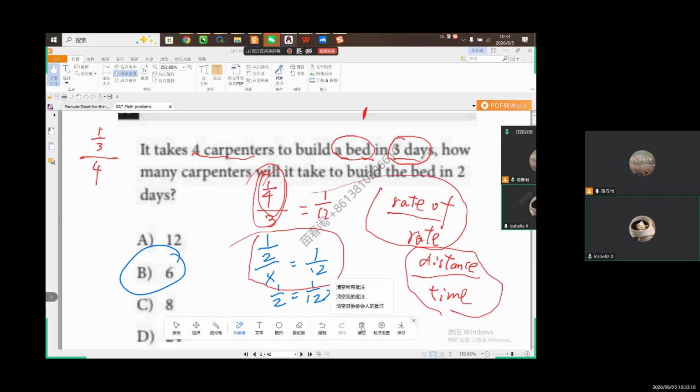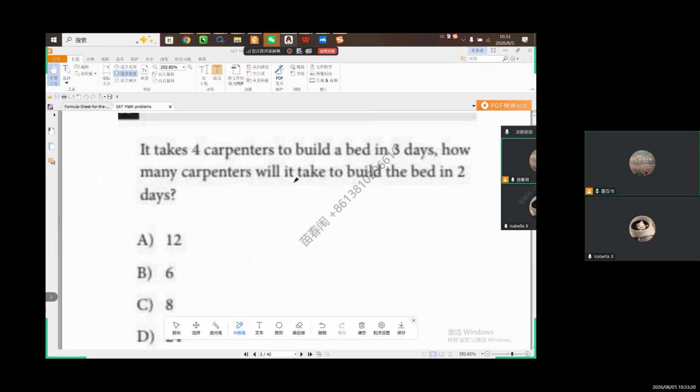If you want a formula for this, it could be something like this: the distance or whatever accomplishment you did, which is a bed, divided by the time and divided by how many people you have. Okay, yeah, that makes sense. I just didn't know the formula was the same.